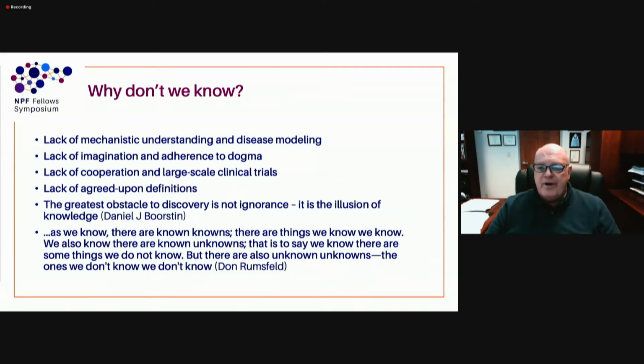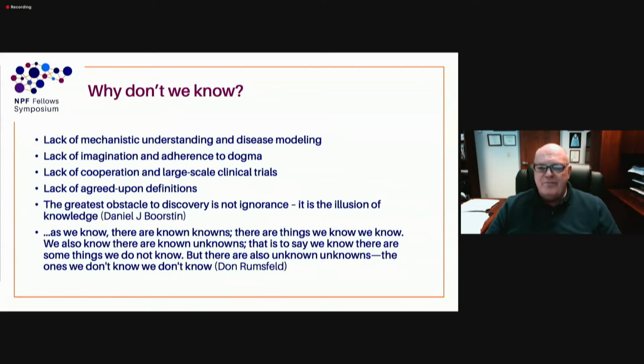The lack of cooperation in large-scale clinical trials has limited the quality of the evidence, and part of this is just lack of agreed-upon definitions. And I love this quote from Daniel Boorstin, one of the great thinkers of this country, who said, "The greatest obstacle to discovery is not ignorance; it's the illusion of knowledge." So that's one thing we all suffer from. I think we know what we know, but in fact, what we know is not true.